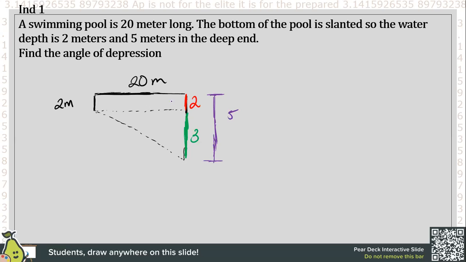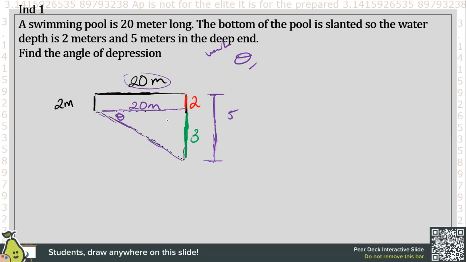So we want to find the angle of depression. Hopefully you can see that this is your right triangle right here. And we can go ahead and see that we have the following. We have theta, that's what we want.